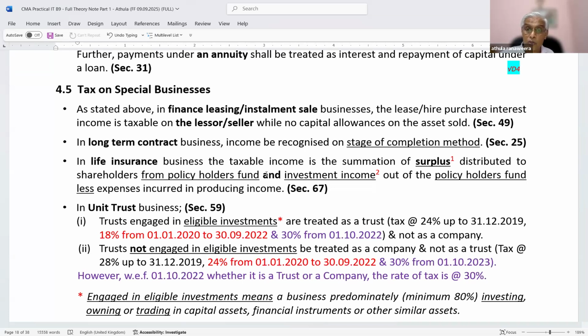If they utilize that investment income to give dividends to their shareholders, then that is also considered as profit of the insurance company for tax purposes. Less, now when we total up these two, from that they can deduct expenses incurred in the production of income.